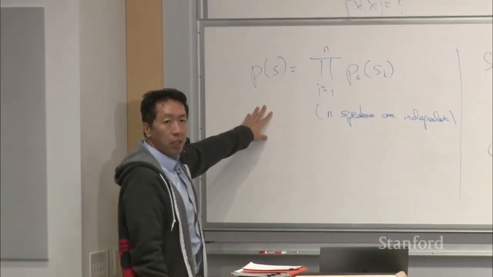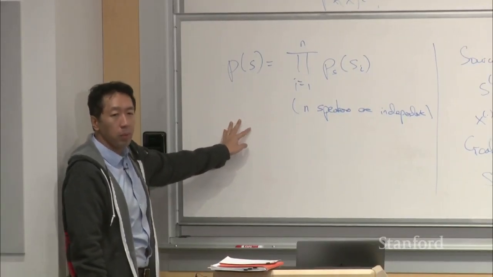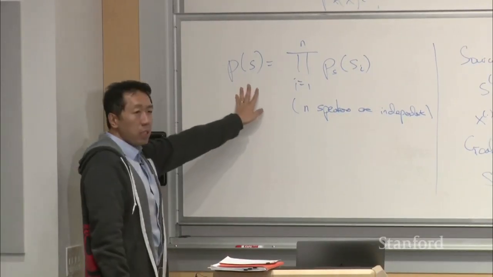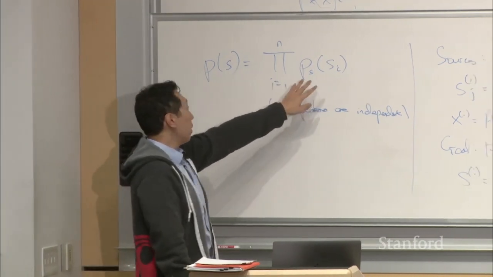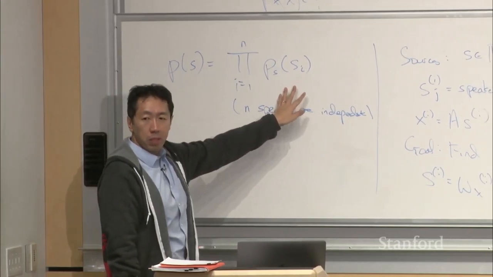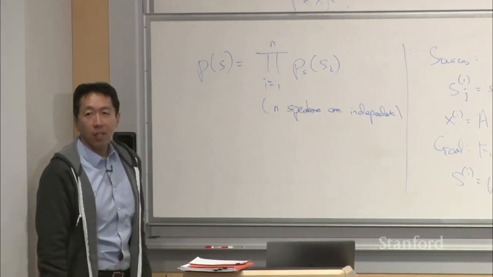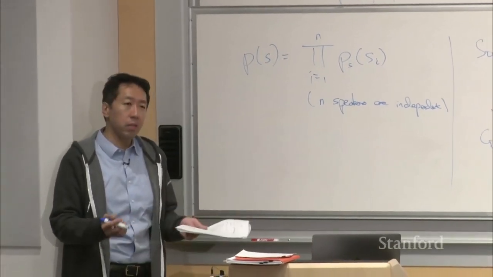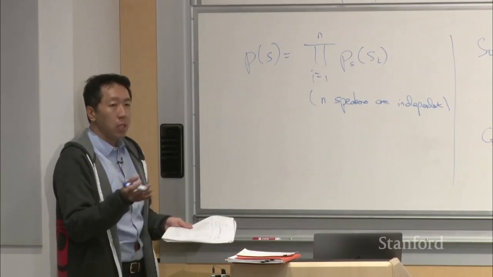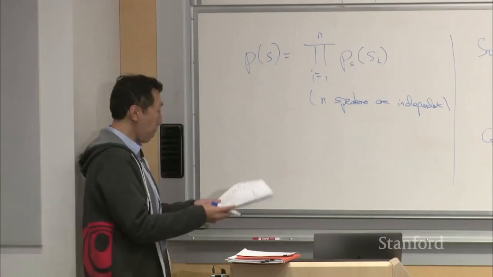S is the vector of all 2 speakers' or all 5 speakers' voices at one moment in time. So the density of S, where S is in R^n, is the product of the individual speakers' probabilities. And this is the key assumption of ICA, that your 2 speakers or your 5 speakers are having independent conversations, and so at every moment in time, they choose independently of each other what sound to emit.